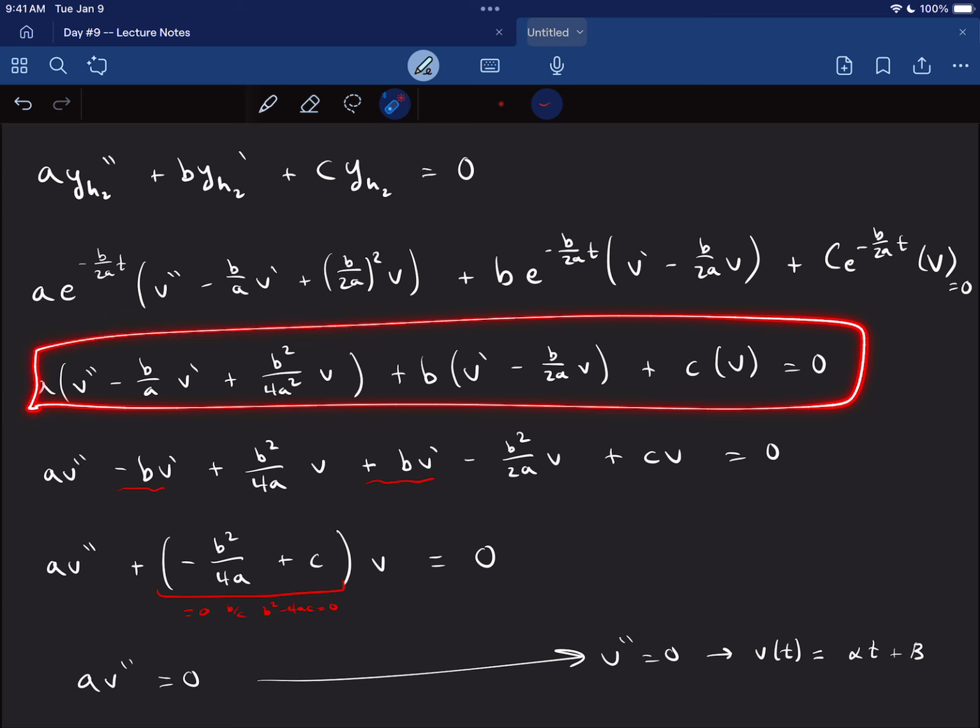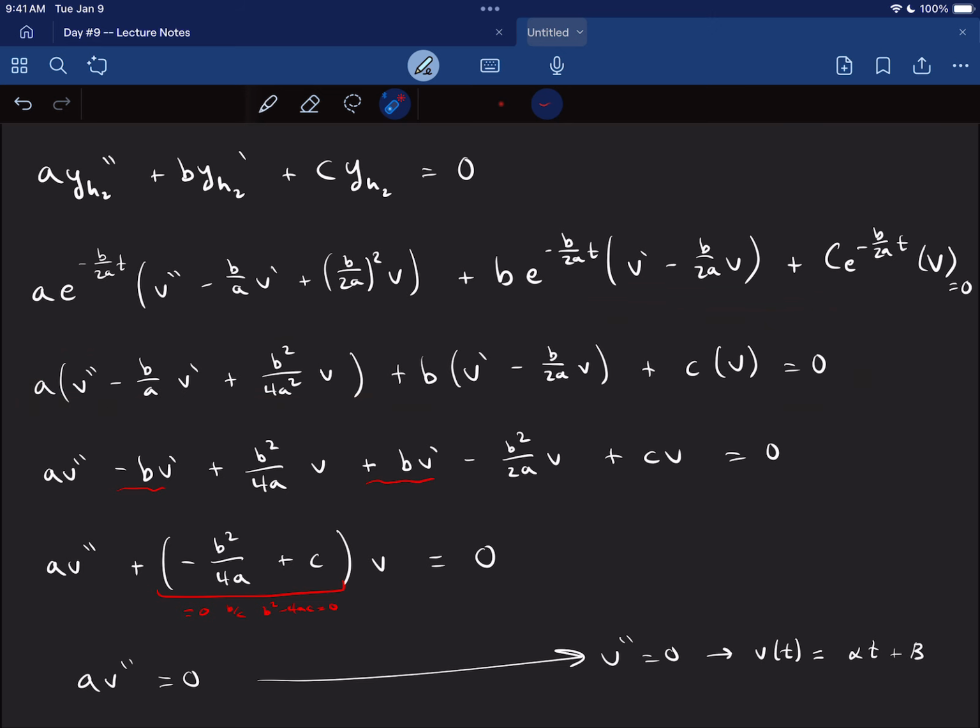It's A times a whole bunch of stuff, plus B times a whole bunch of stuff, plus C times a whole bunch of stuff. I expand this out, do some canceling and simplification, and now I group it so that I have v double prime and v with some constants out front.